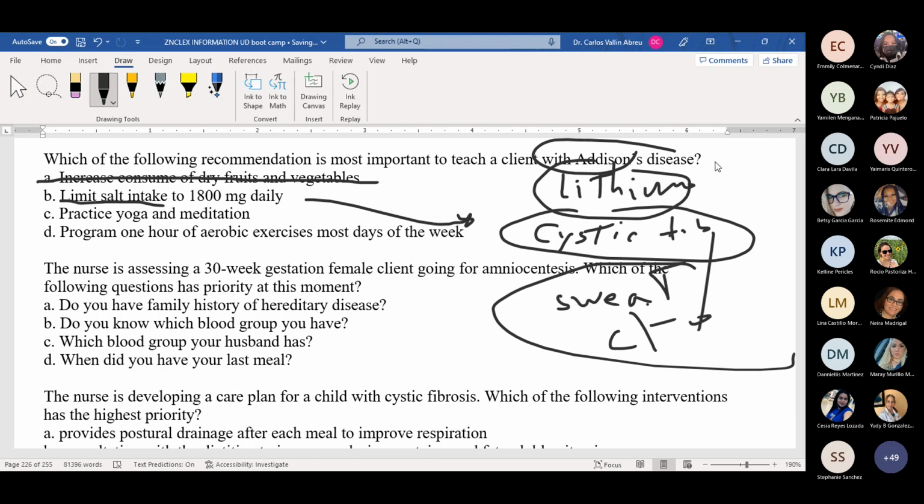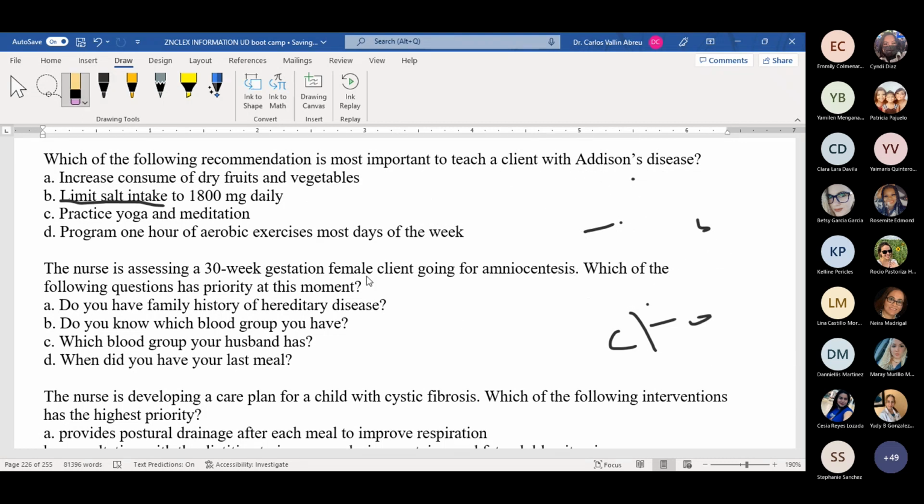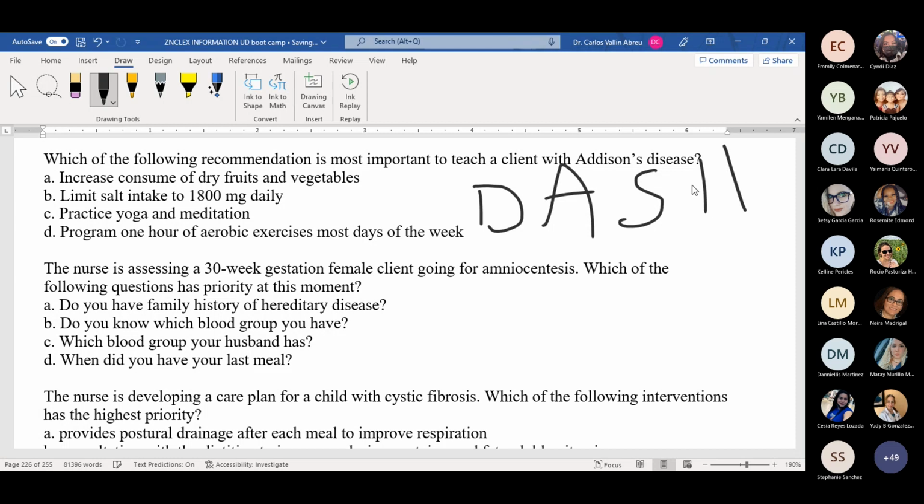Okay, so look at this. We have now three conditions to memorize in which there is an exception to the very healthy recommendation of the American Heart Association on the DASH diet. And DASH, you know, in Spanish is pizca. It's just a little.